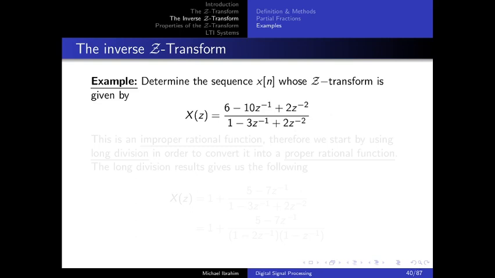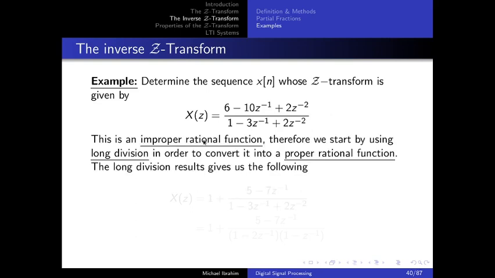So this rational function is improper because the polynomial in the numerator is of order 2 and the polynomial in the denominator is of order 2. So it's an improper rational function. So we should first start by doing the long division in order to convert it to a proper rational function, and then we can do the partial fraction.